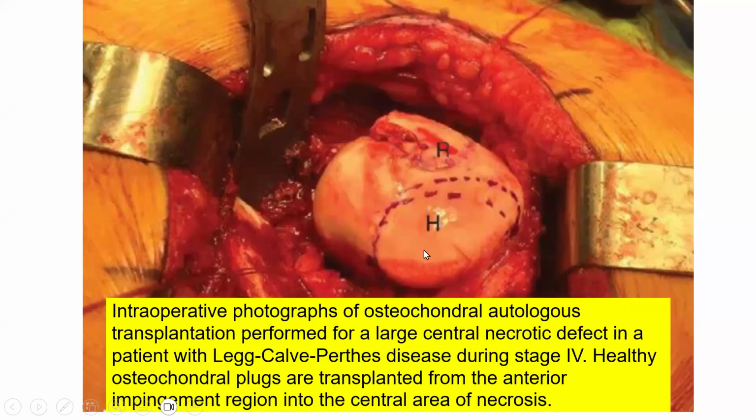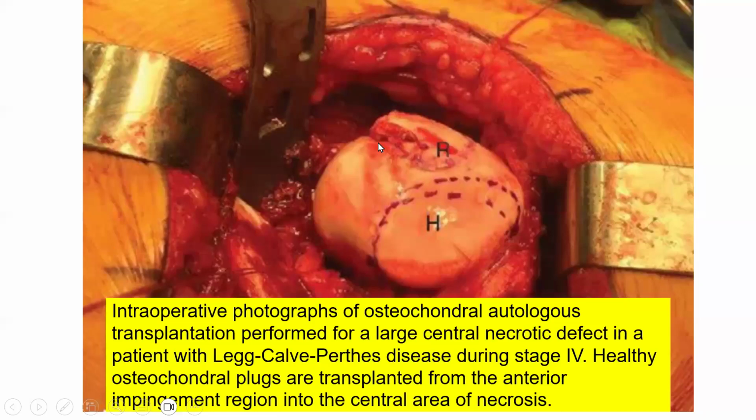Guys, I just would like to terminate this portion of my lecture in what we're doing these days. These days, we're exposing the head, we're removing the deformed portion of the head, and we're doing a mosaicplasty on the head.